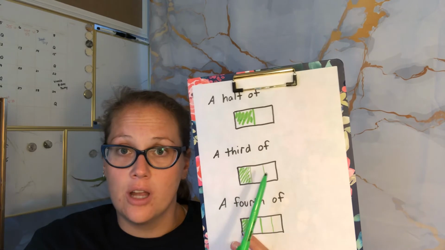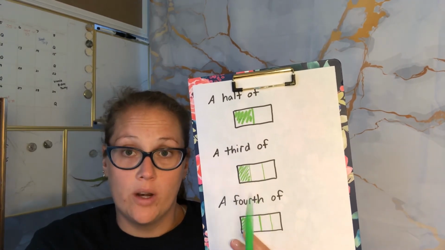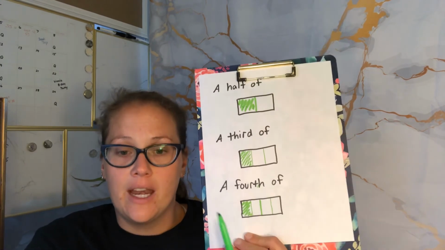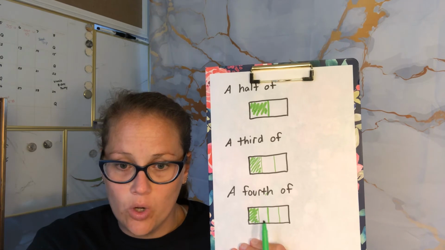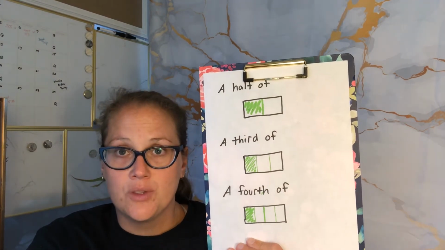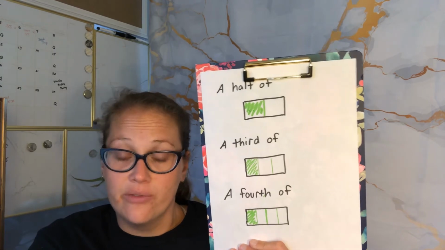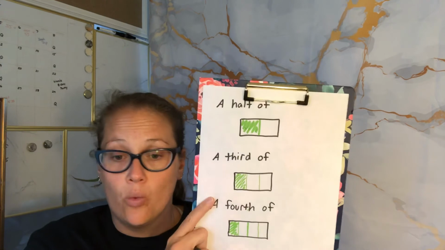A third of a rectangle means I have 3 equal pieces, and I shade one of them. And I have 4 equal pieces if I'm looking at a fourth. So I put 4 pieces and I shaded one of them, okay? So these are the fractions we're starting off with for going into 3rd grade. You guys are gonna be way ahead of the curve when learning about fractions, okay?